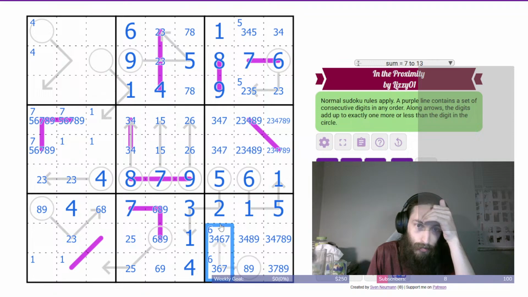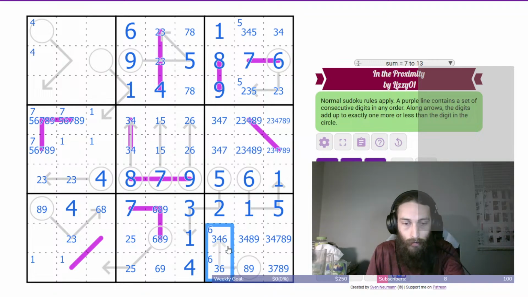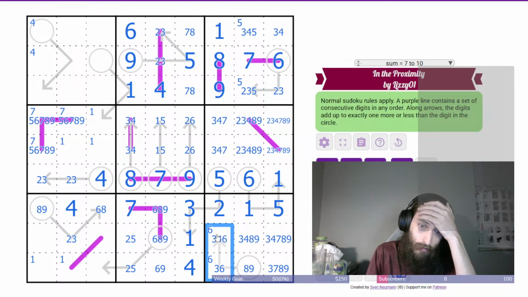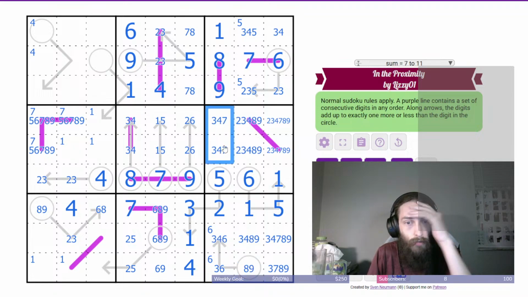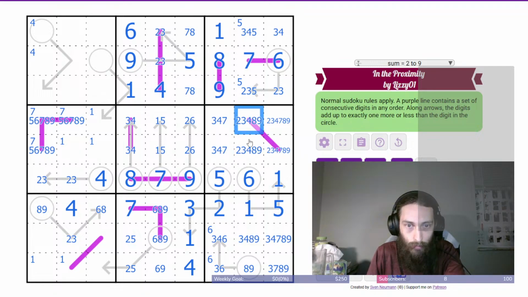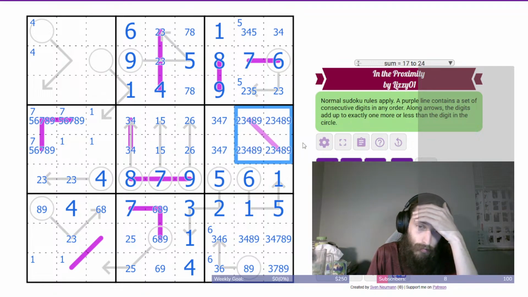And it can't be 6 and 1 to make 7. Can't be 6 and 7, because that's 13. 6 and 3 is 9, which allows for 8. And 6 and 4 is 10, which allows for 9. 7 ends up here. None of these are 7.